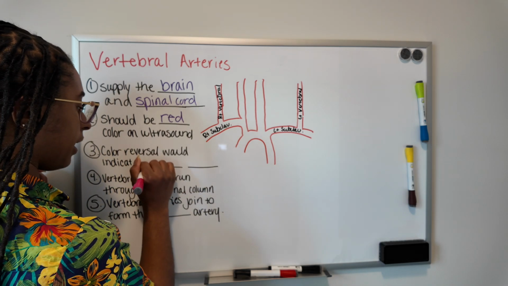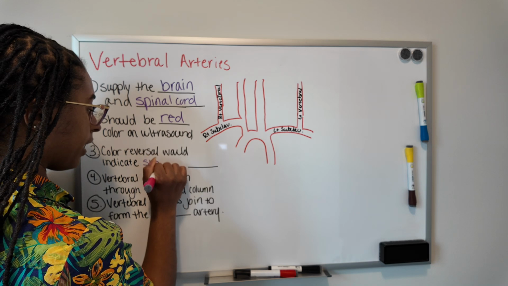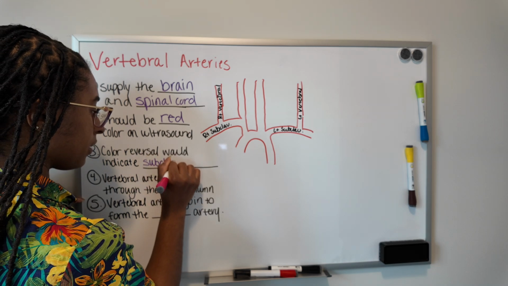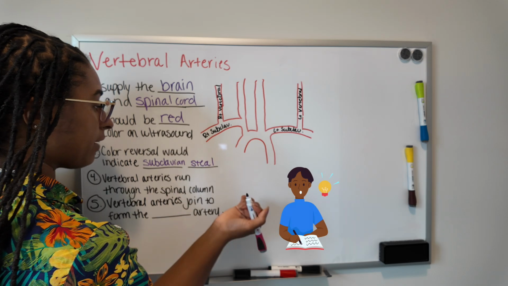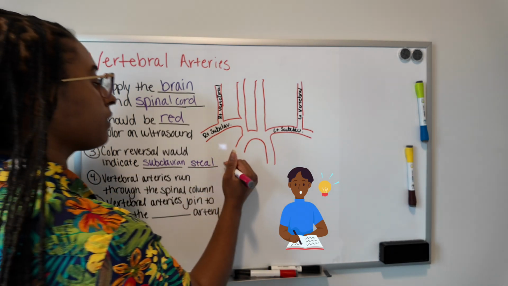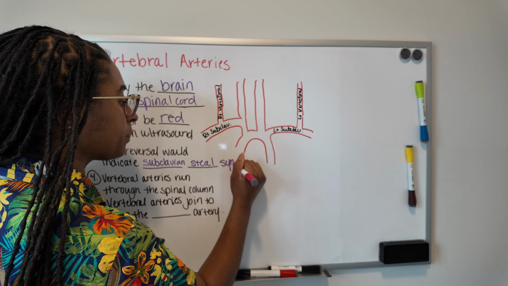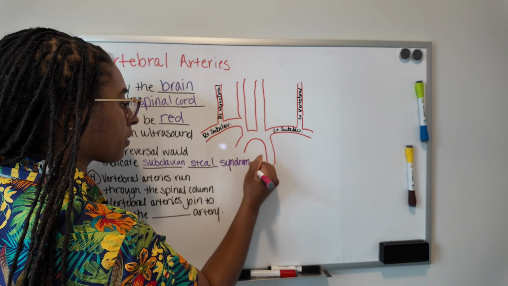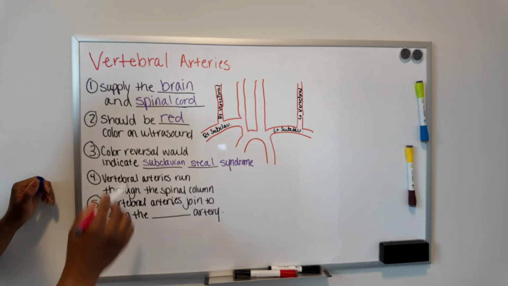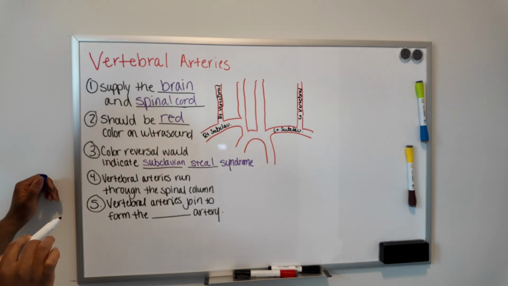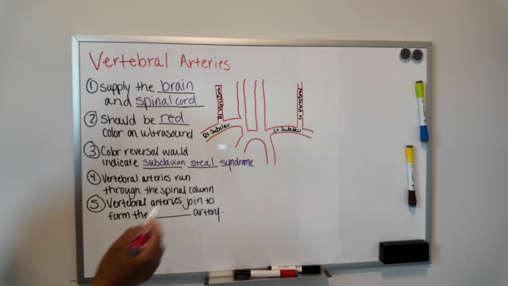It is going to be subclavian steal, okay? Subclavian steal. And sometimes people call it subclavian steal syndrome. Okay, so that is reversal of flow in your vertebral artery is subclavian steal syndrome. We'll talk about that in a second.